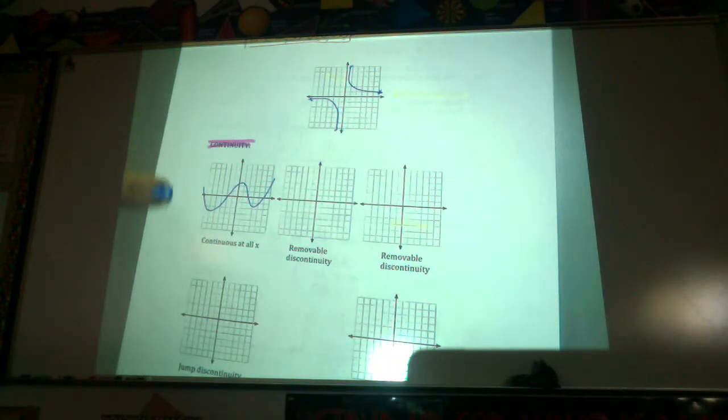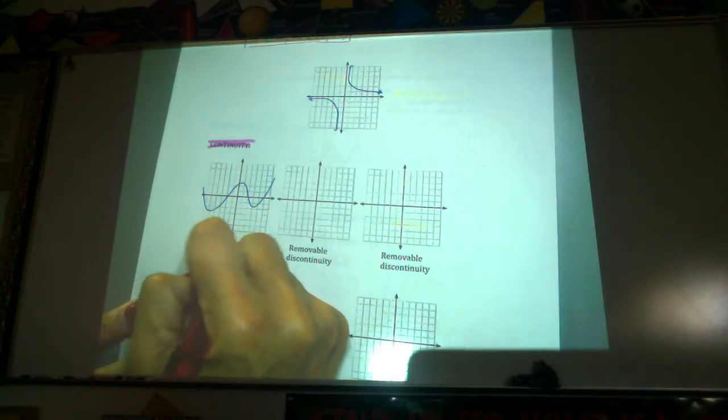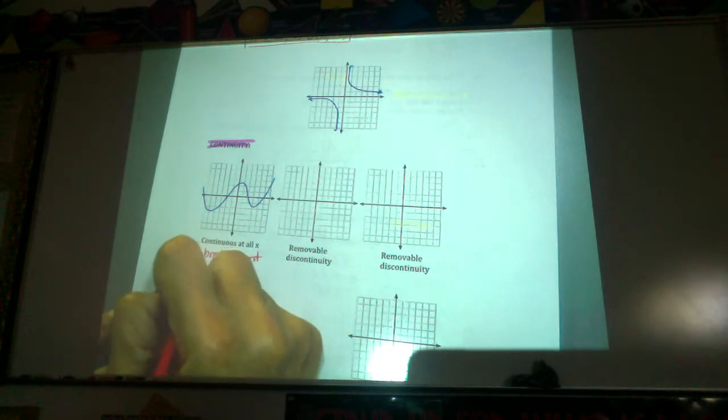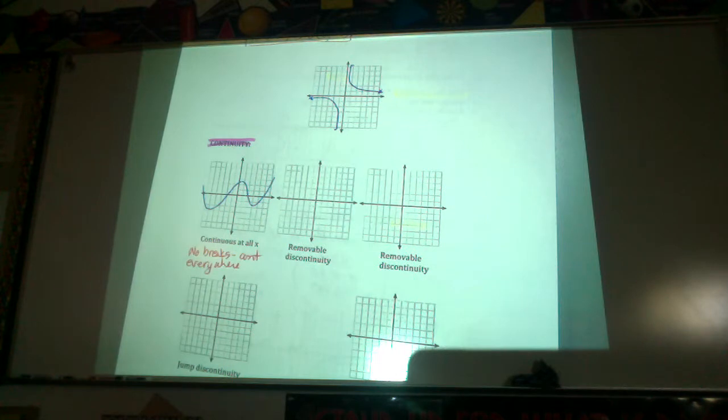It is a nice, smooth curve with no breaks in it. No breaks. It is continuous everywhere, meaning all x values. We look at continuity based upon x, really.